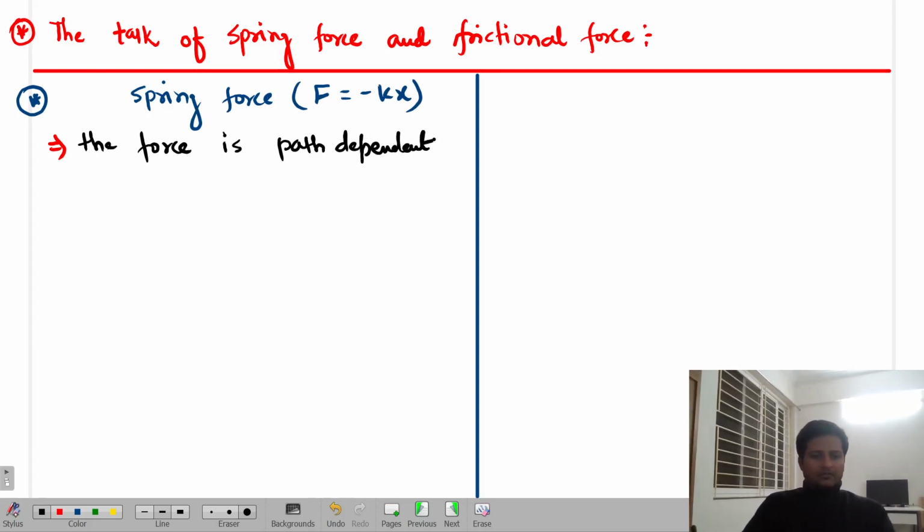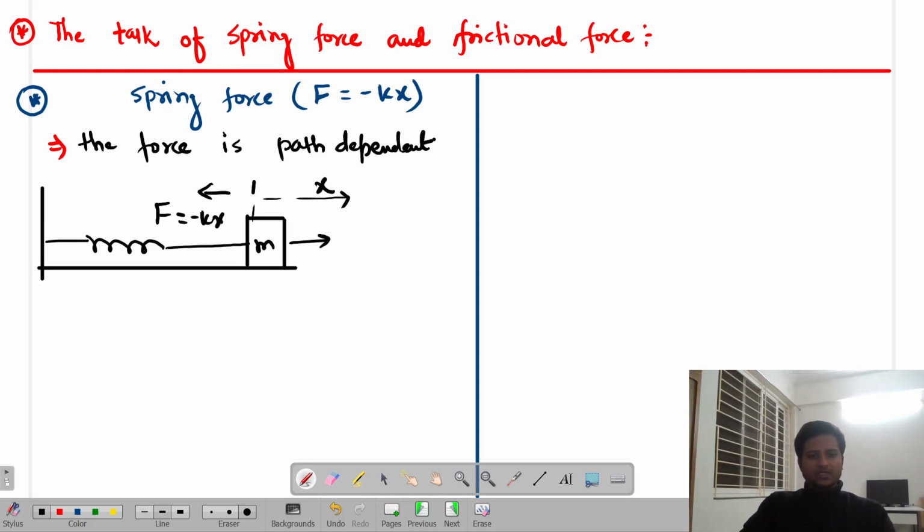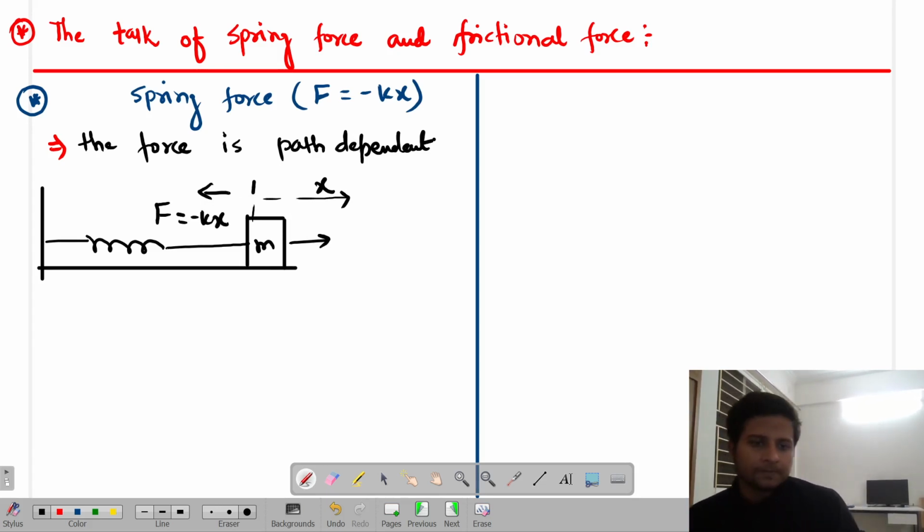Now, if I just see the spring force configuration, let's suppose I take a block of mass m, and with this block of mass m I attach a spring, and then I apply an external force and pull it, it gets displaced by some distance. Okay, and then the force in the opposite direction is given as minus kx. This was our talk of spring force, isn't it?